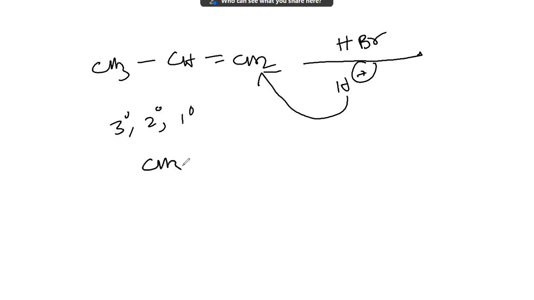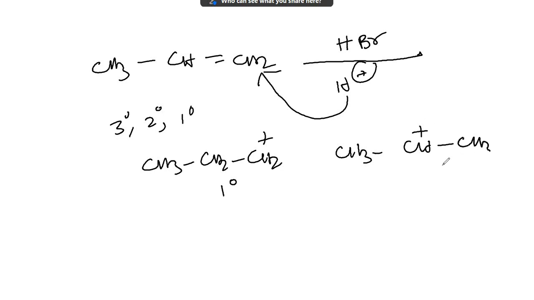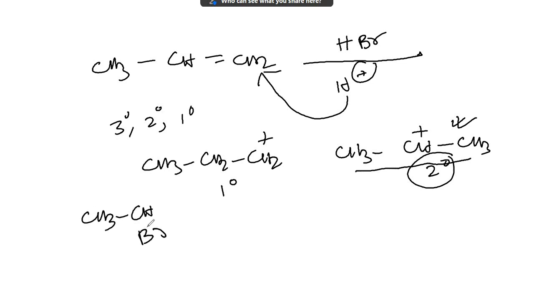It can be this, it is 1 degree, or it can be this, it is 2 degree. So this will be the more stable. So this intermediate will be formed over here. So in this case, the product will be, this will be the major product.